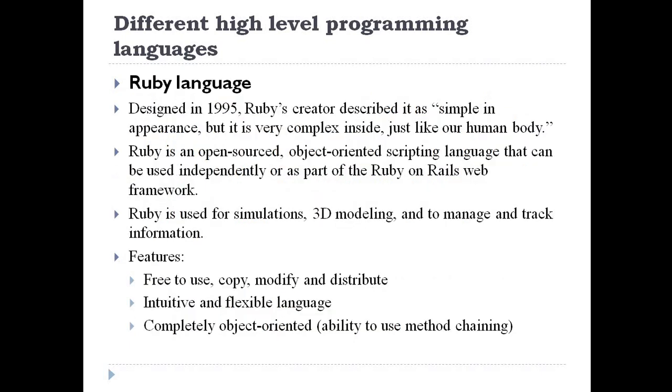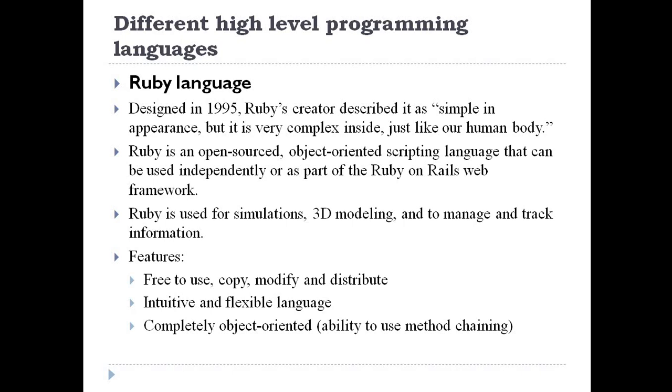Then another important language is Ruby. It was designed in 1995. Ruby is described as simple in appearance but very complex, just like our human body. Ruby is an open source object-oriented scripting language that can be used independently or as a part of the Ruby on Rails web framework. It is basically used for developing 3D modeling.